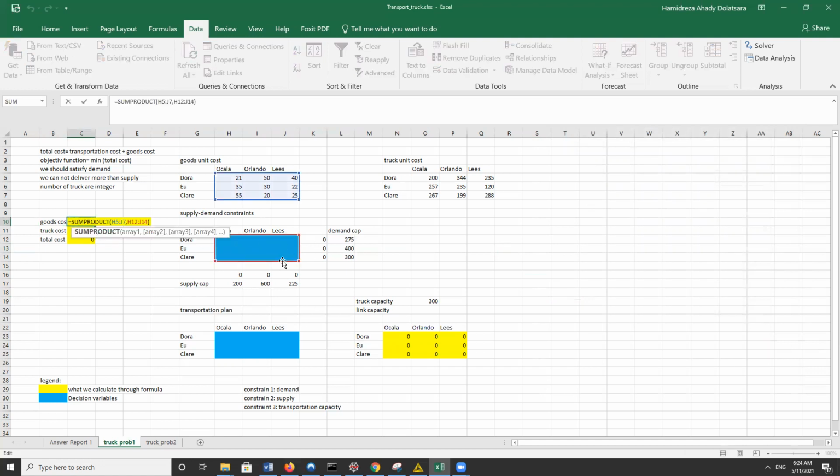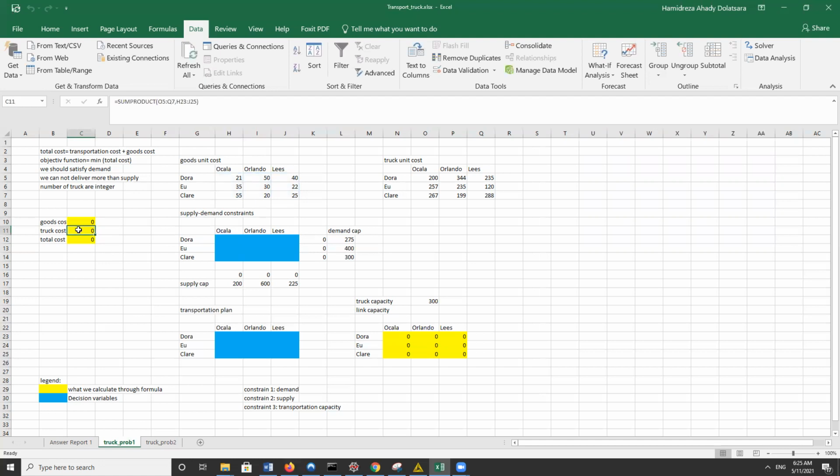Whatever you decide in the first blue table is the amount of products or goods that you send in that link times the unit cost. So unit cost times how many you send gives you the cost of goods, this yellow cell.